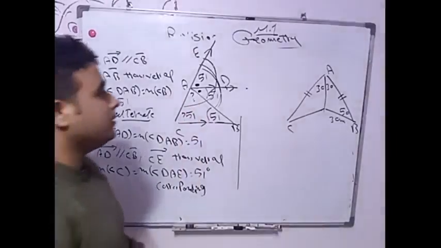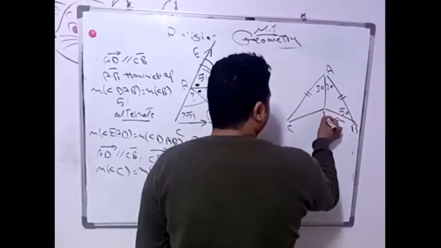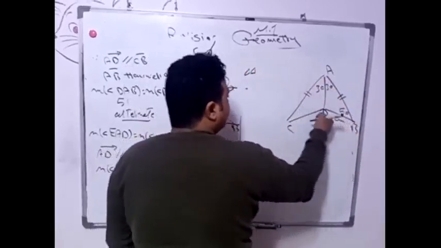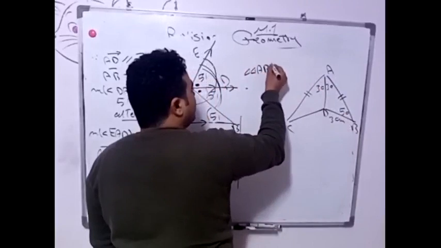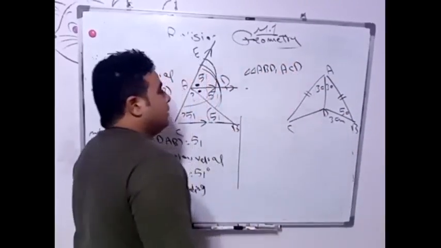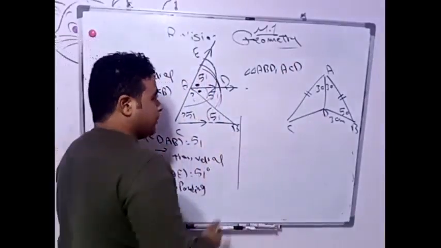I have here two triangles, ABD and ACD. You have two triangles, so we need to write three conditions.